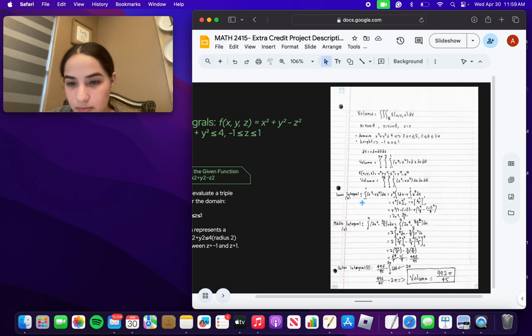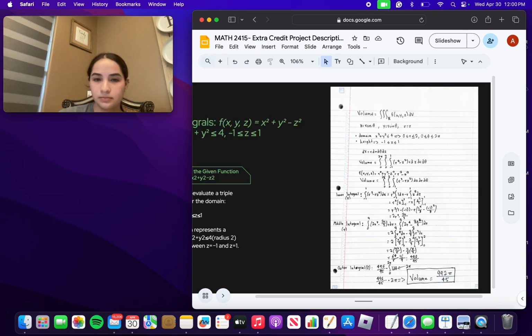This part was for the inner integral, the middle integral, and then the outer integral was just the value obtained from the middle integral multiplied by the integral from 0 to 2 pi of 1 d theta, which just equals 2 pi. Once multiplied, we got the volume 992 pi over 45.